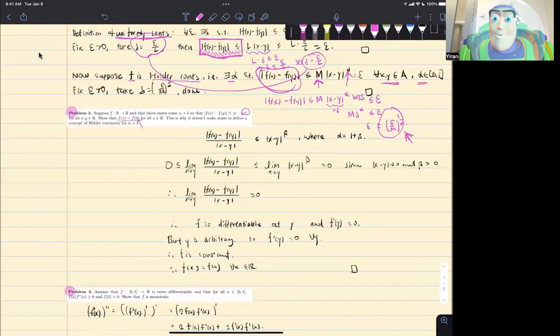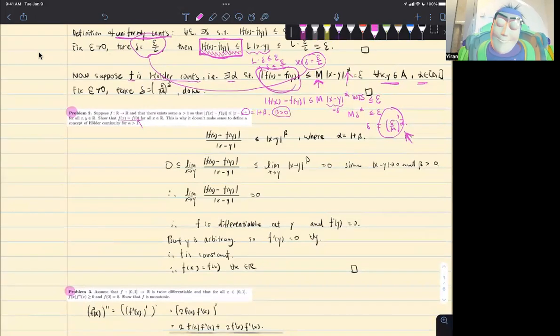We want to figure out what kind of problem it will cause. So let's write alpha equal to 1 plus beta, where beta is strictly larger than 0 because alpha is strictly larger than 1.